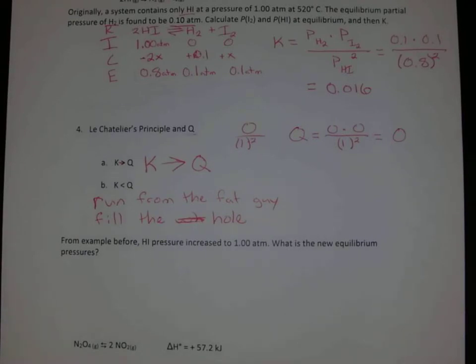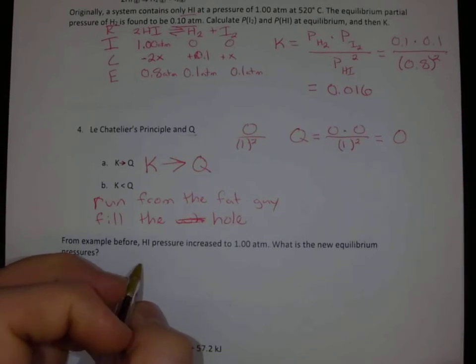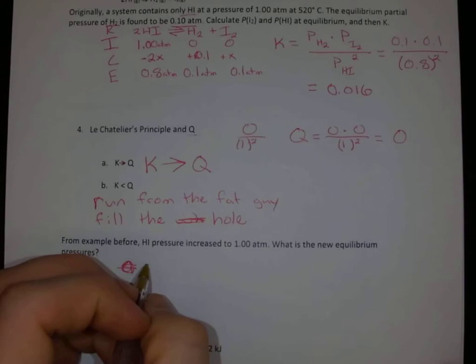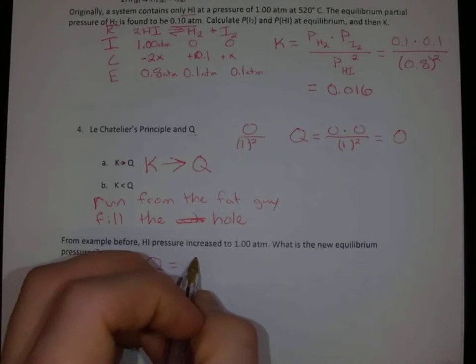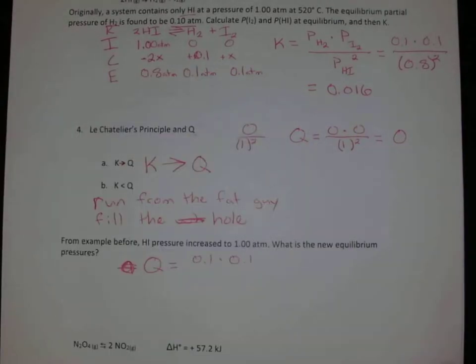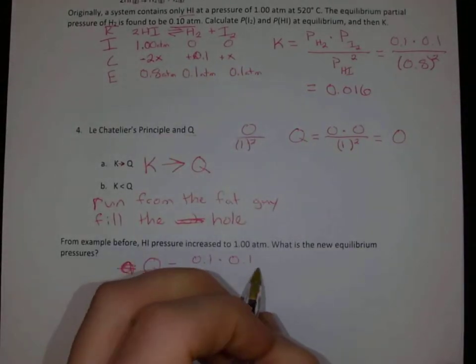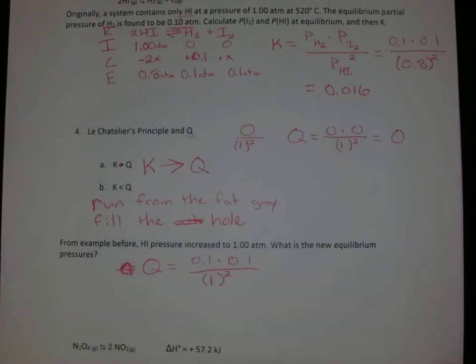Now we need to justify it. So let's justify it using our K and Q values. Our K value we calculated up there. For Q, we're going to say, where are we actually at? Q equals 0.1 times 0.1, those were H2 and I2, and then HI all of a sudden jumped up to 1, and that's going to be squared.